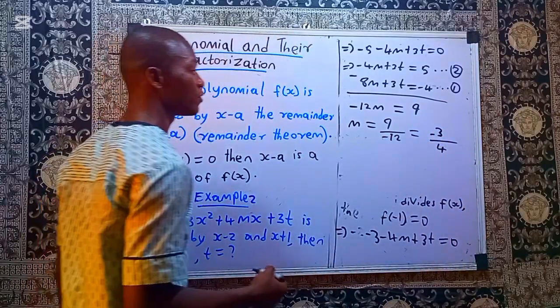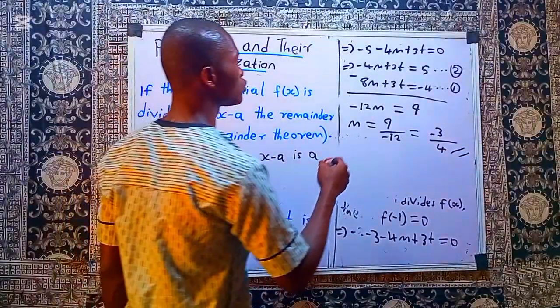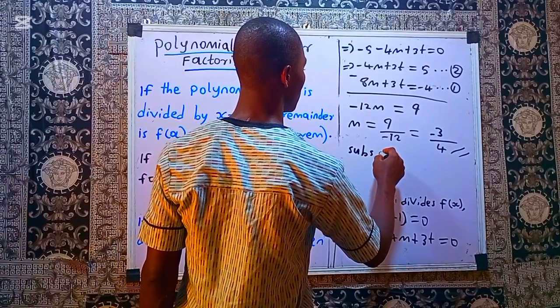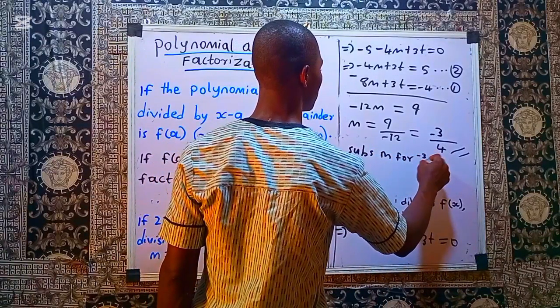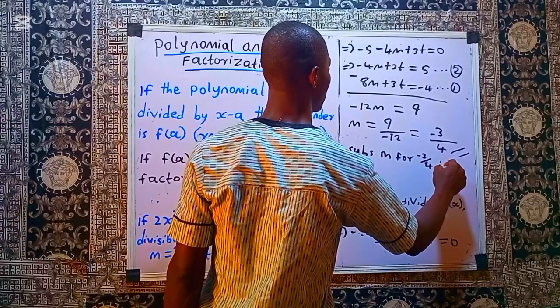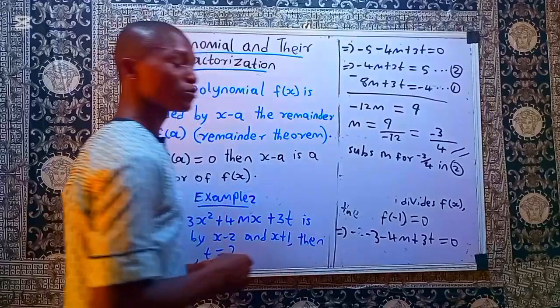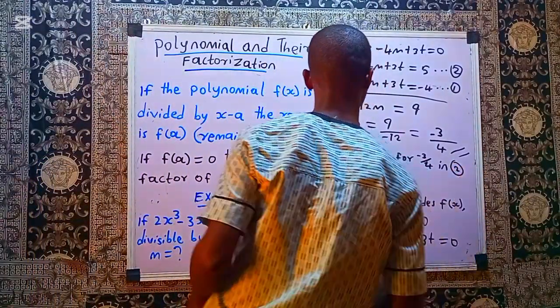So I have minus 3 over 4 as the value of m. So I'm going to substitute m for minus 3 over 4 in equation 2. Yeah, let's use equation 2 rather.